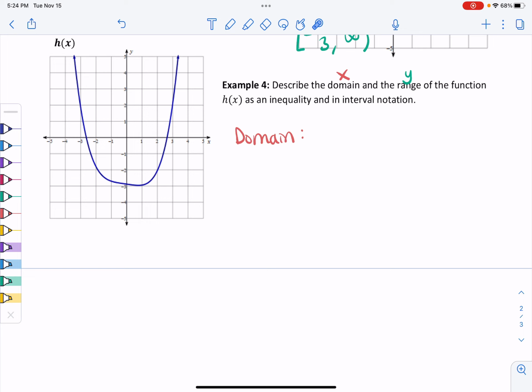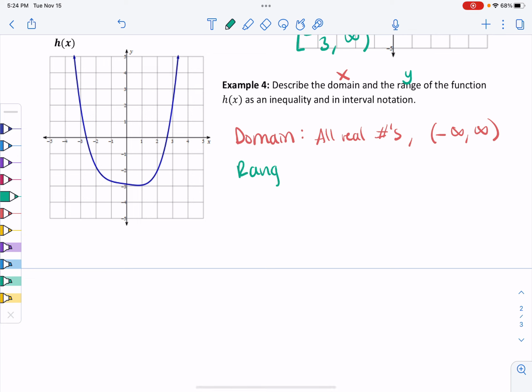You'll start to see them more later, but you'll see we keep going off to the left and we keep going off to the right. This function continues off in both directions. So our domain is all real numbers. It's our shorter way in interval notation, negative infinity to infinity, that is interval notation. This would be my inequality notation because I don't have an inequality in this case.